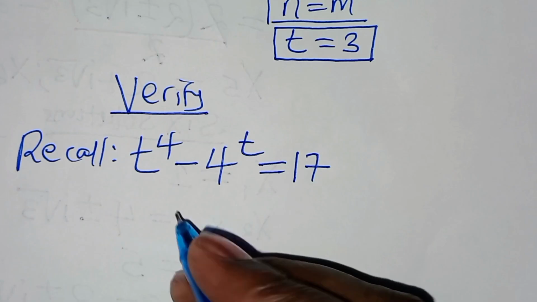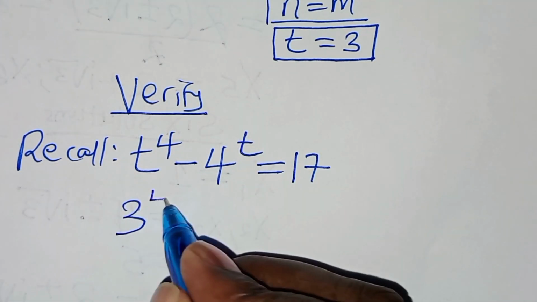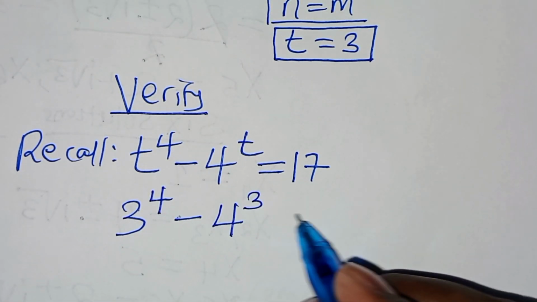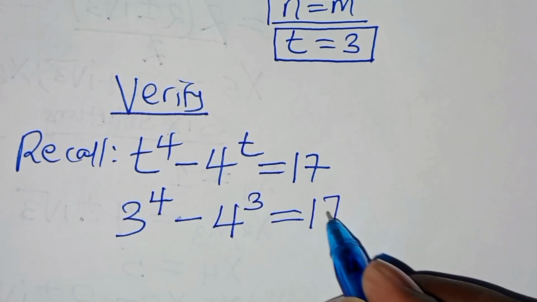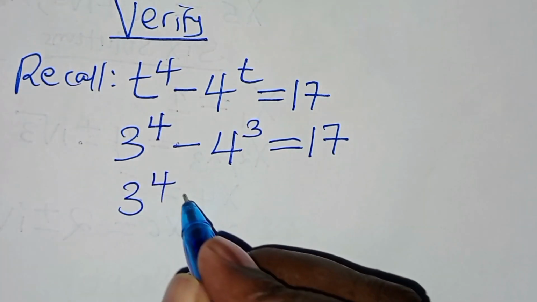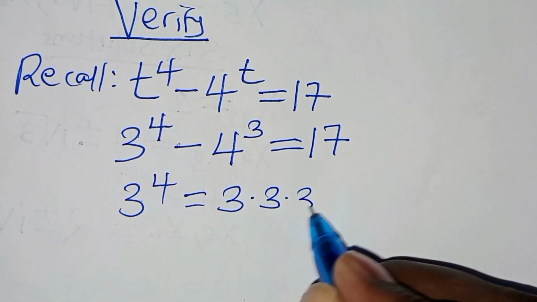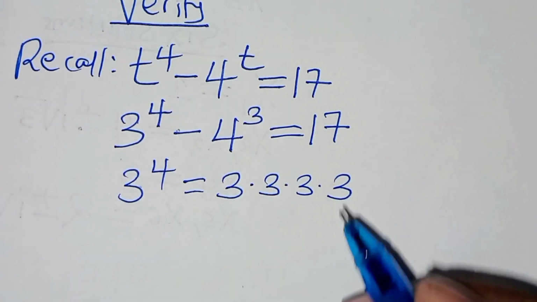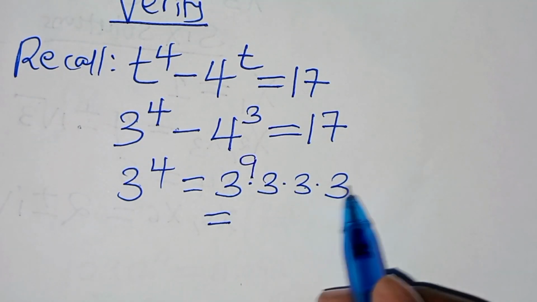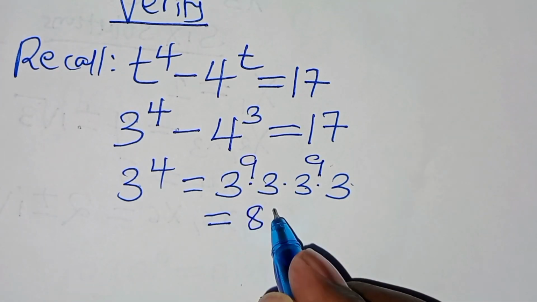Given that t is equal to 3, this is the same thing as 3 to power 4 subtract 4 to power 3. 3 to power 4 is 3 times 3 times 3 times 3. 3 times 3 is 9, 3 times 3 is 9, so 9 times 9 is 81.